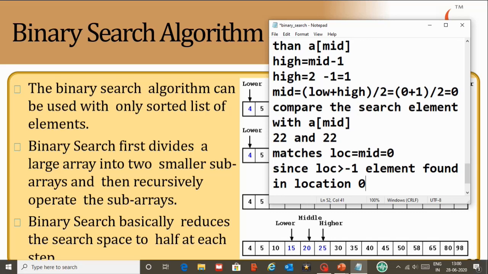So this is the example wherein the element is less than the element present in the location of mid. That is, when the search element is less than A of mid, you will change high to mid minus 1. When the search element is greater than A of mid, you will change the low value to mid plus 1, because it is a sorted list.